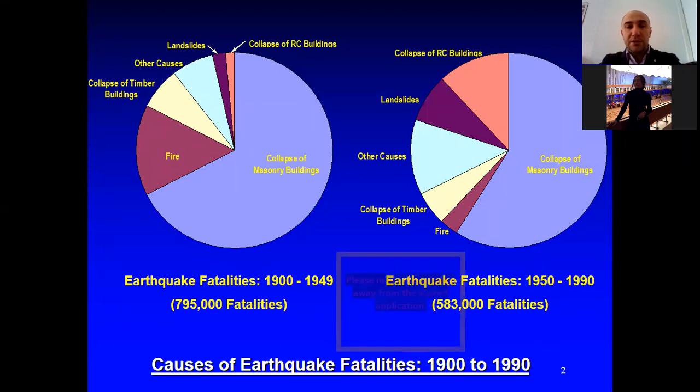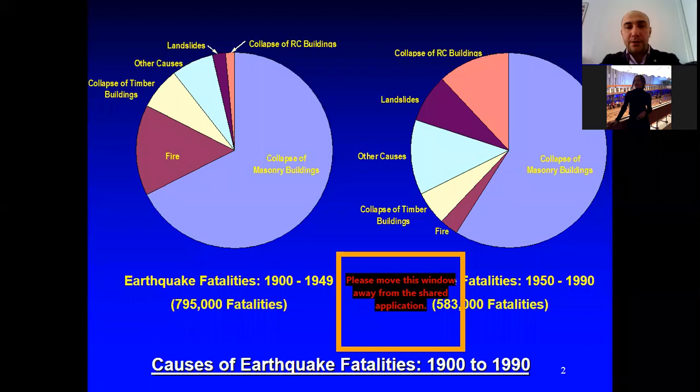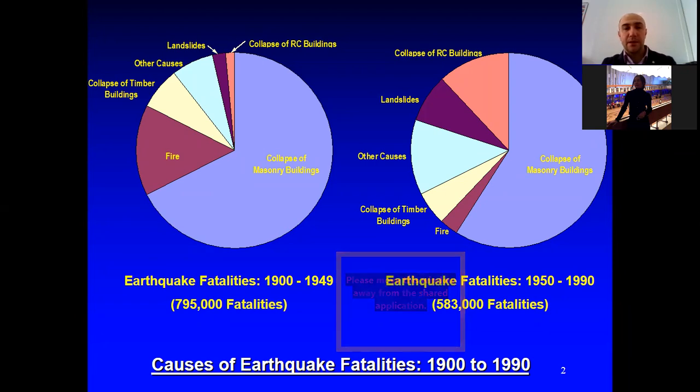So, performance of steel buildings in past earthquakes. When considering the performance of the steel buildings in the past earthquakes, it is instructive to make the first look at causes of fatalities in earthquakes.